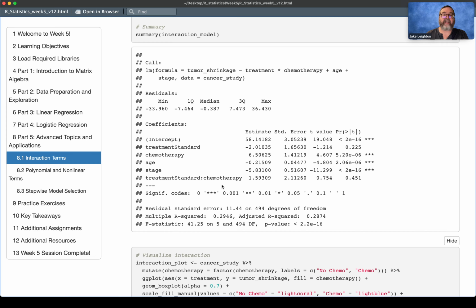So we're basically seeing that this interaction between chemo and the standard treatment seems to be non-significant. You can think of this in terms of, is the chemotherapy working in standard versus experimental? It doesn't seem to matter if it's in standard, whereas the other ones are showing up the way we would expect. Stage is down, chemo is up.